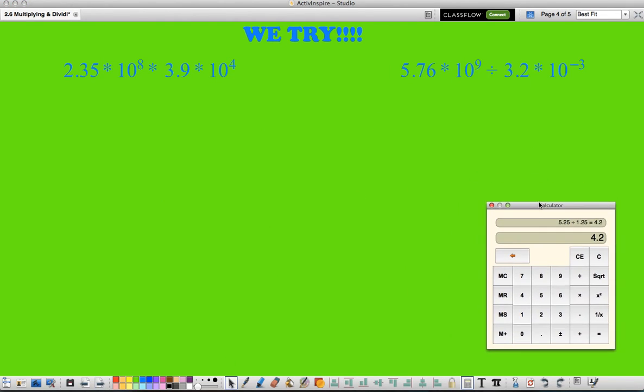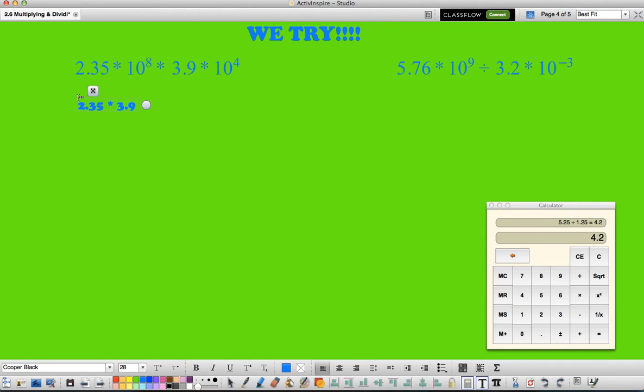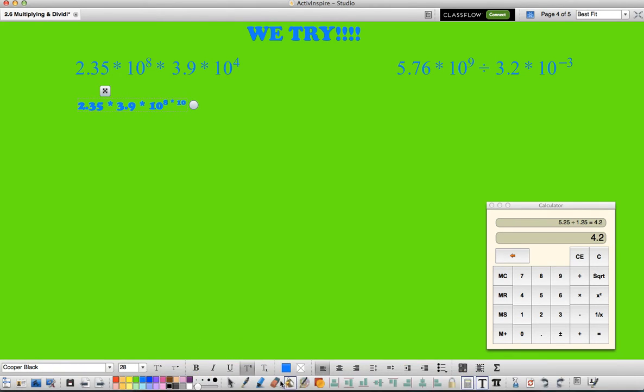Okay, so we'll do 2 more examples here, and really all I'm going to do is help you rearrange them and give you the answers. So here we end up with 2 and 35/100 times 3 and 9/10 times 10 to the 8th power times 10 to the 4th power.